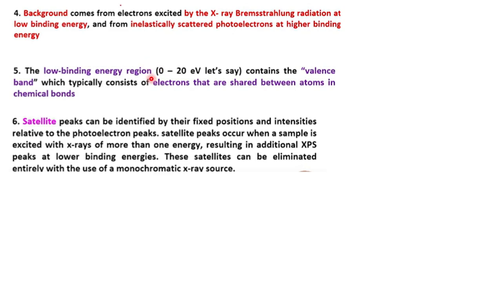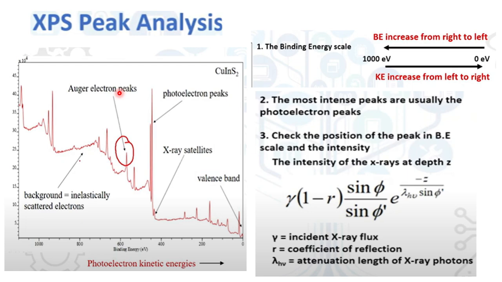So there are different possibilities of ejection of different electrons, whether from the valence band or Auger electrons. Everything you will get, and obviously they must have different energies, and that's why you get different positions and different intensities also.